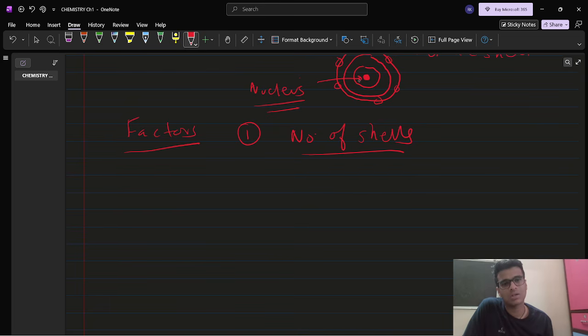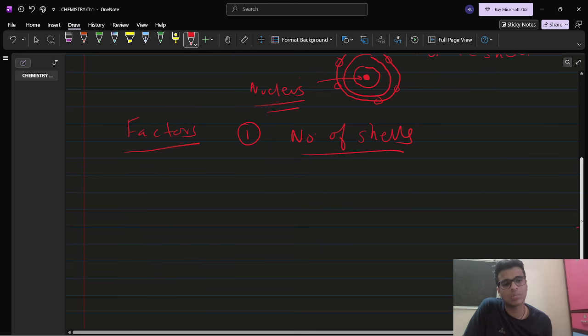Obvious. Now look at the example above. How many shells does the upper one have, in the example which I have given? 1, 2, 3. 3 shells, right?